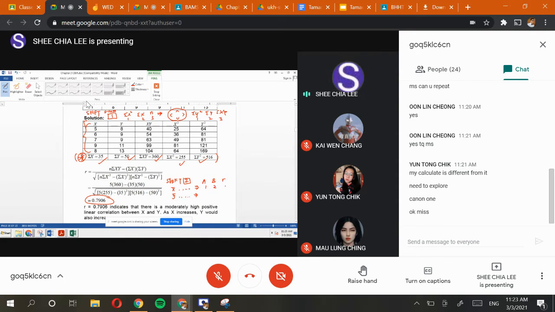Which is 1, 2, 3. So this R is this one. Now you press 3 equal, you can see 0.7906, right? Meaning it's correct. This is just for you to check whether your calculation is correct or not.